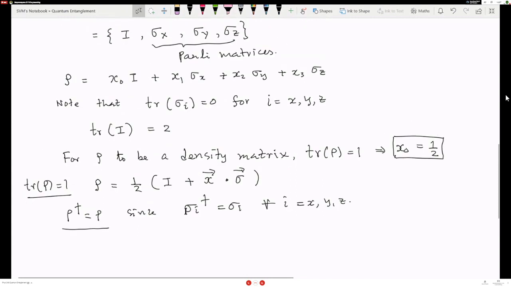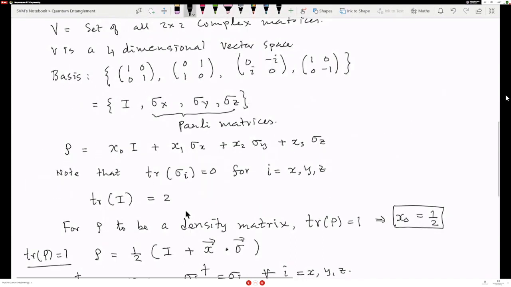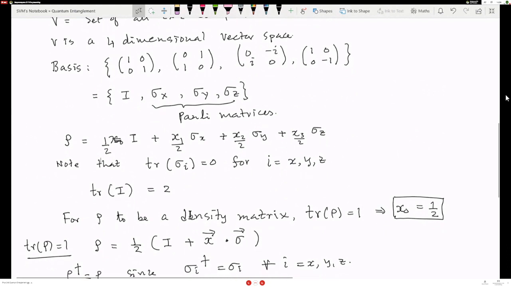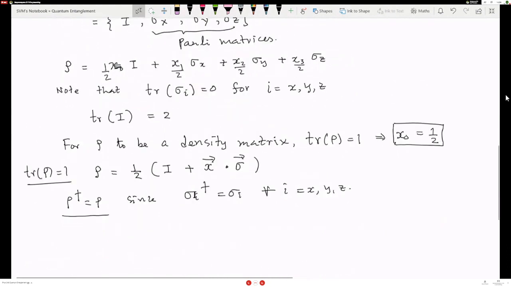Yes, the half will multiply. It doesn't matter. In hindsight, I take x0 equal to half here, then I simply pull out the half and call the remaining ones x1, x2, x3. Anyway, x1, x2, x3 we are going to determine, so there is no problem if I do that.